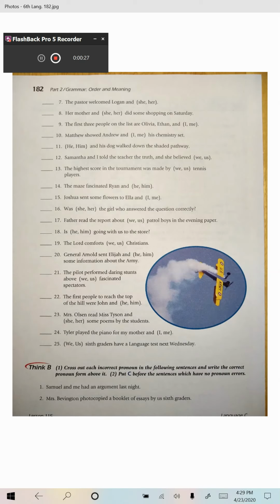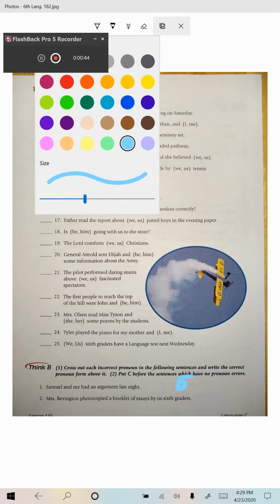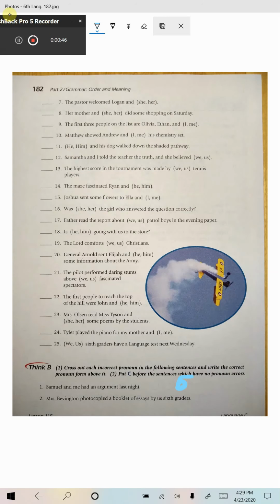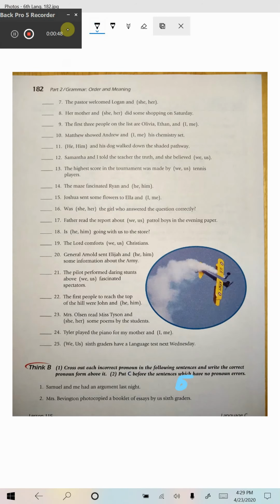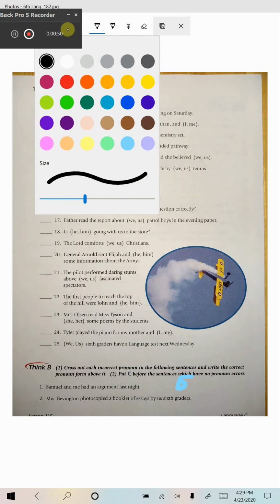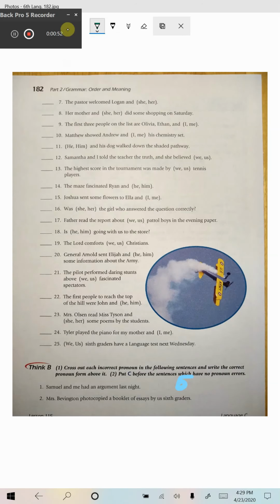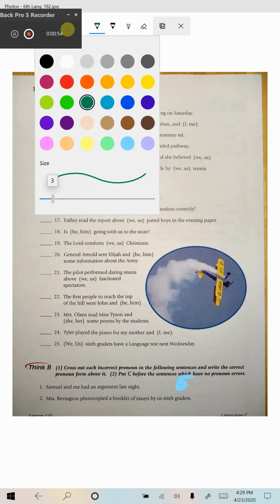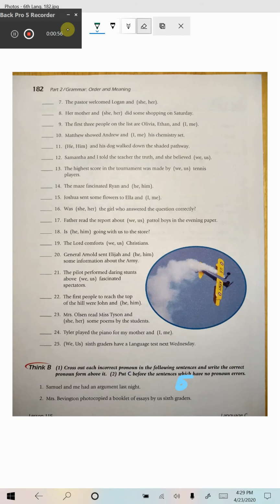So you're crossing out any incorrect pronouns in the following sentences and writing the correct pronoun form above it. And you're putting C in front of any sentences that do not have pronoun errors. There are 5 sentences that do not have an error, okay?